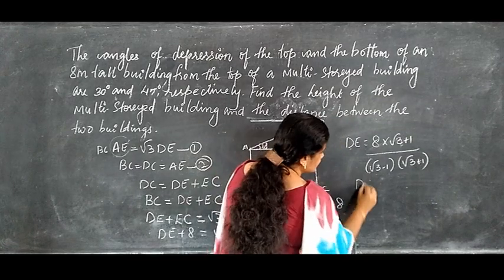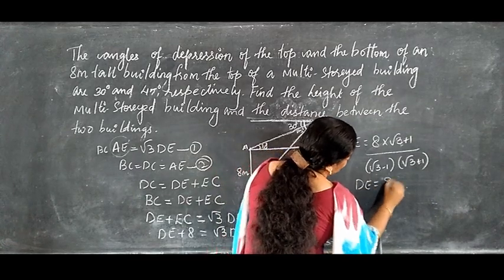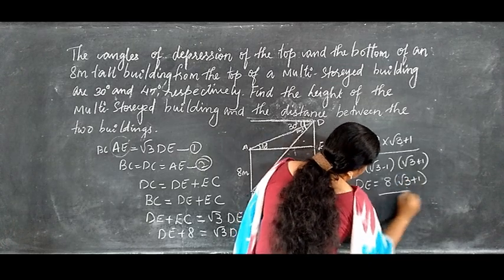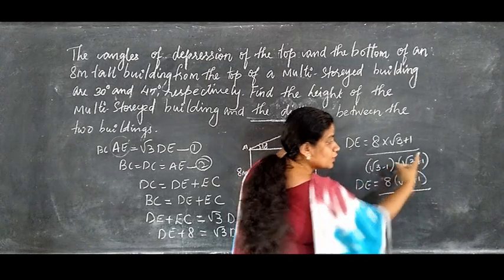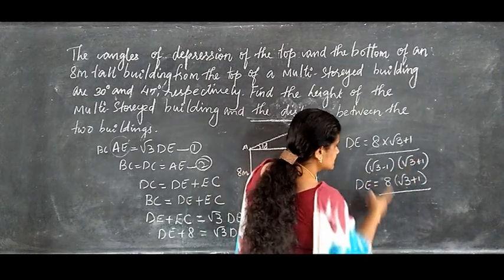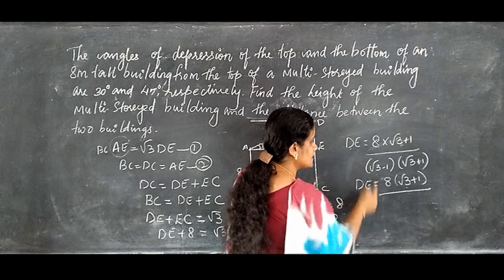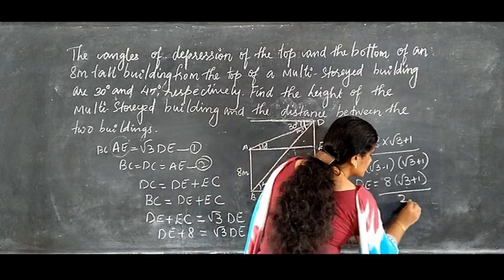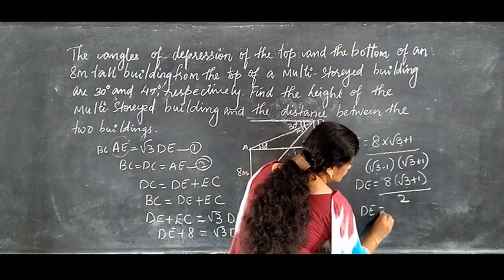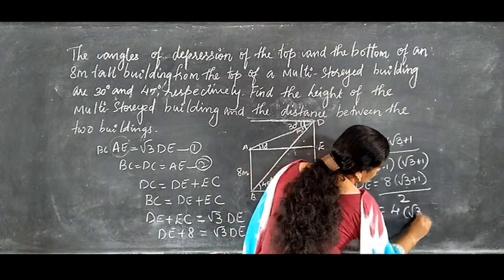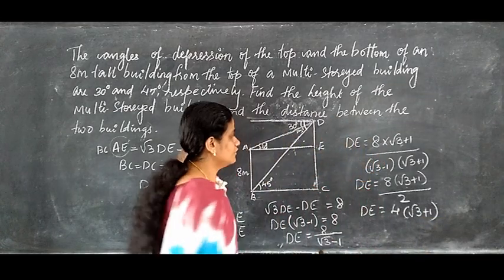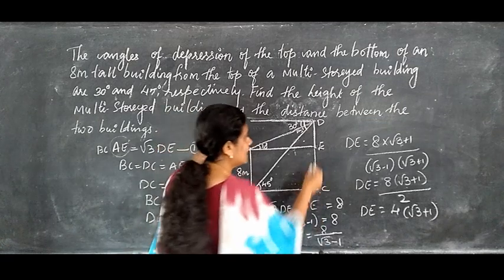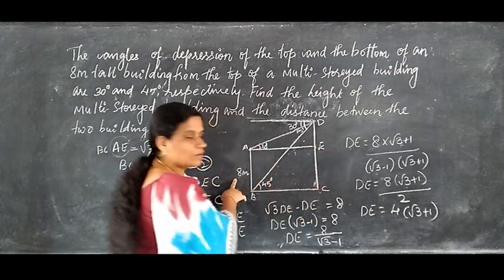That is, using A minus B into A plus B, A square minus B square, that is root 3 square minus 1 square, that is 3 minus 1, 2. That is, DE is equal to 4 into root 3 plus 1. Now we got DE is equal to 4 into root 3 plus 1 and EC is equal to 8.